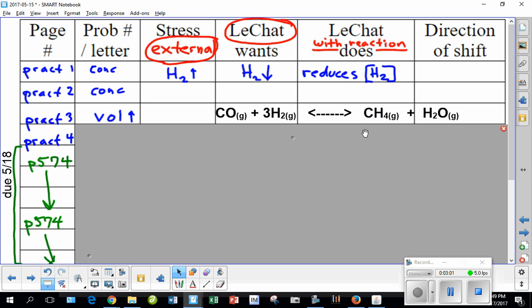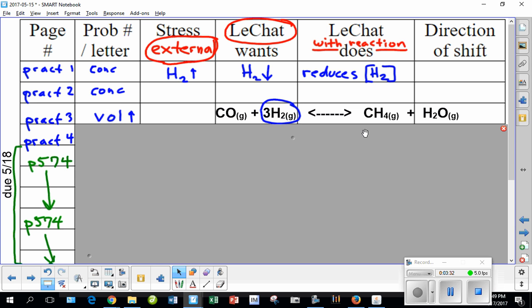At any rate, we are trying to talk about what happens with this guy right here. That's the balanced equation that we're working with. If I want less of the H2, I've got to go opposite of what it would normally do, because what it normally does is these two guys come together. That would be the most common thing.